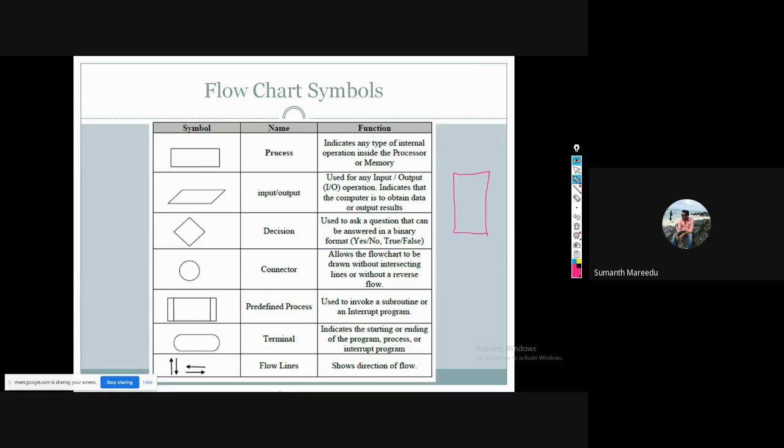You are drawing the flowchart in multiple pages. In that case, at the end of this page, I'll use this connector symbol. That is just a small circle. And inside this connector symbol, I'll use any symbol. I'll say I'm using a dollar.